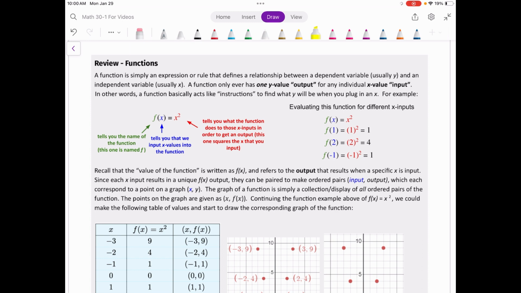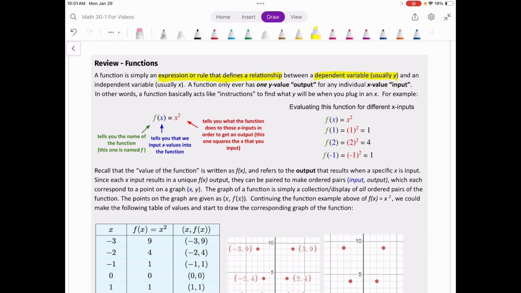It's an expression or a rule that defines a relationship between two variables. It's telling us how one variable depends on another. It's the relationship between a dependent variable, the one that depends on the other, typically called y, though it could have other letters or names, and the independent variable, usually x.